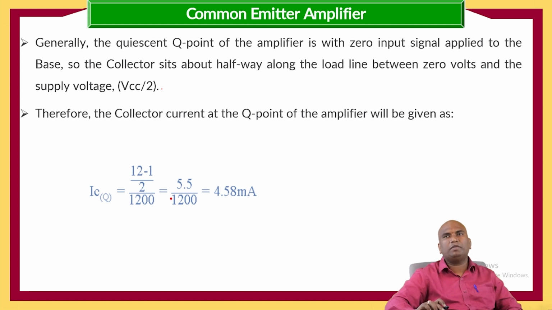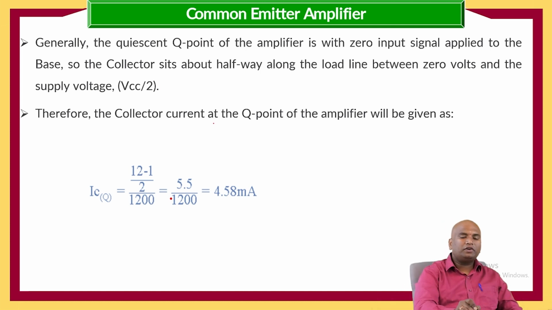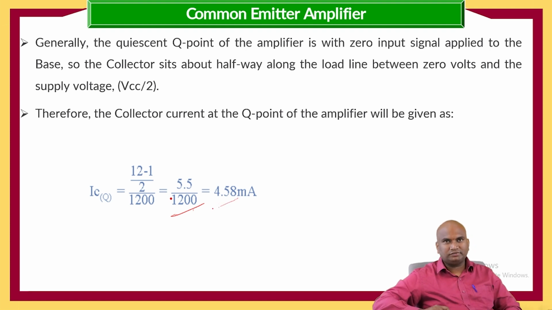Therefore, the collector current at the Q point of the amplifier is given as ICQ equals 12 minus 1 by 2, whole divided by 1200, which is equal to 5.5 by 1200, which is equal to 4.58 milliamperes.